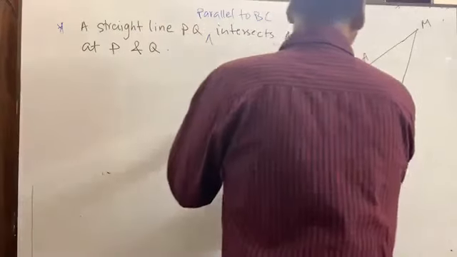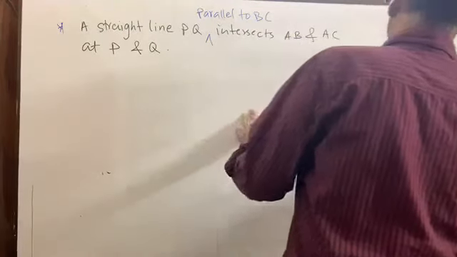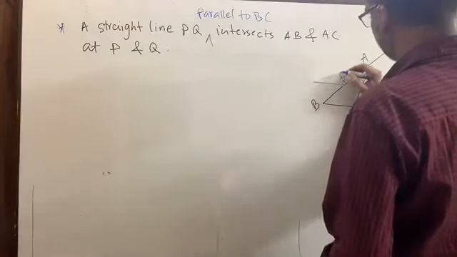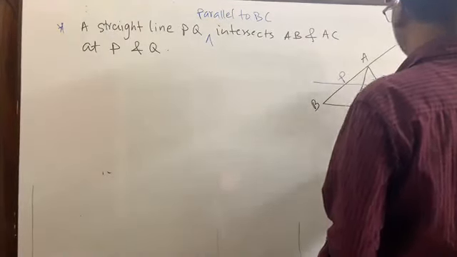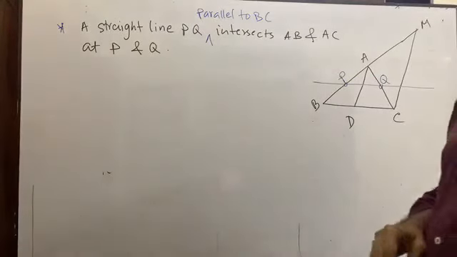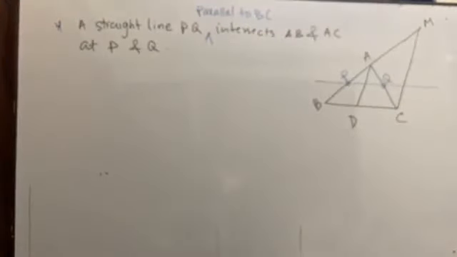We can draw a parallel line like this, and here it is P and here it is Q. Please pay attention. P and Q, two points.